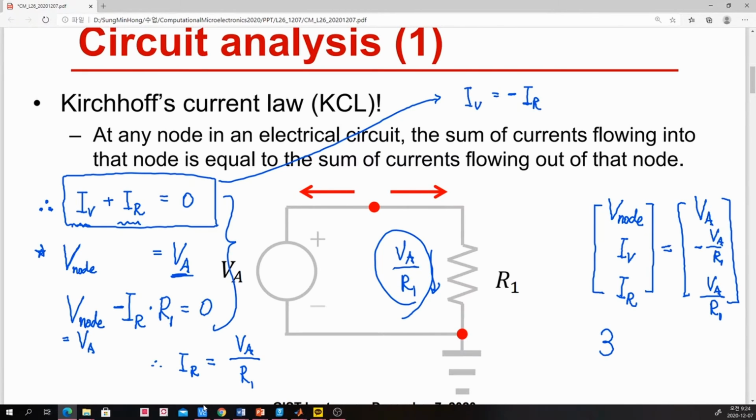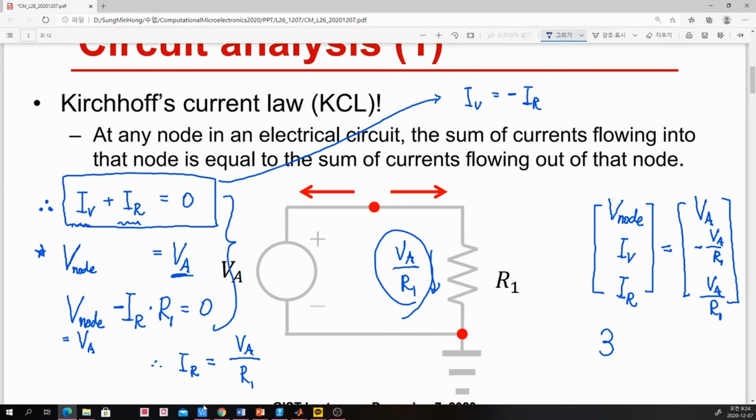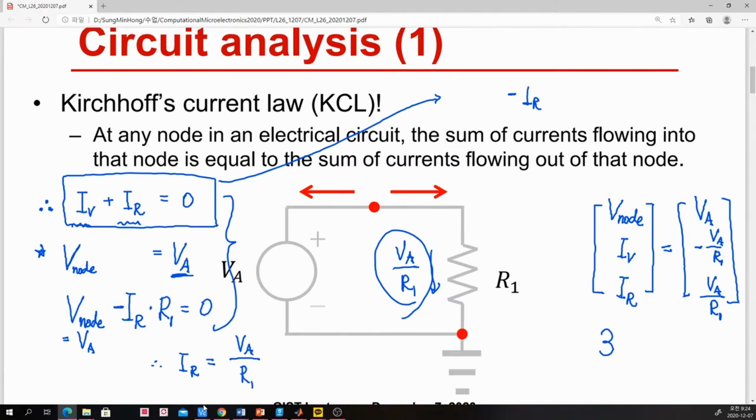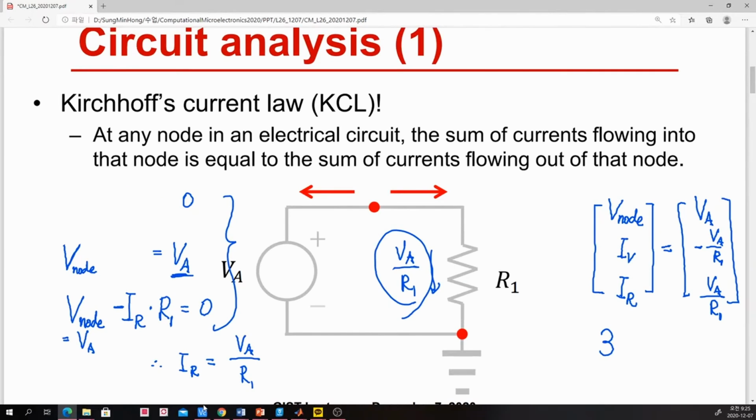However, the reason why we are applying this tedious job to this trivial system is that this is the general procedure. By applying the same procedure to a more complicated system, we can get the solution even for a system with millions or billions of transistors.